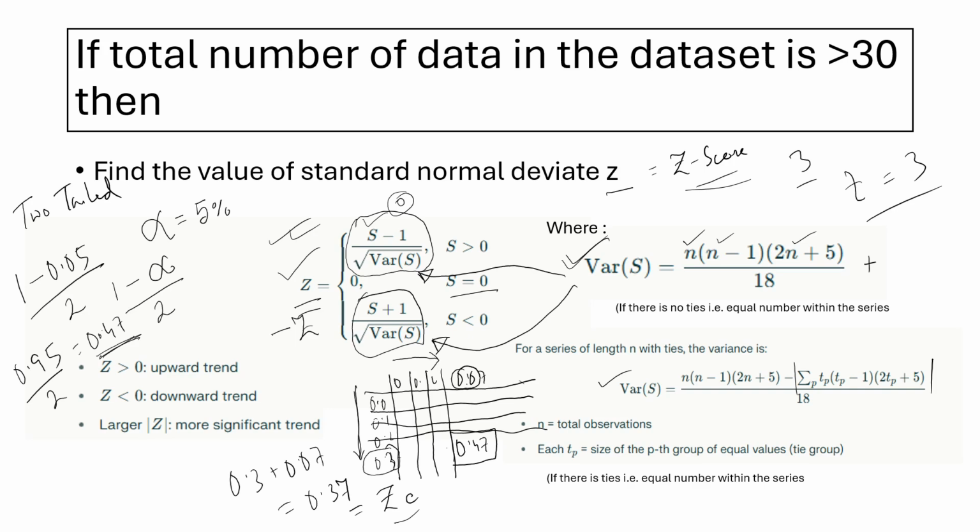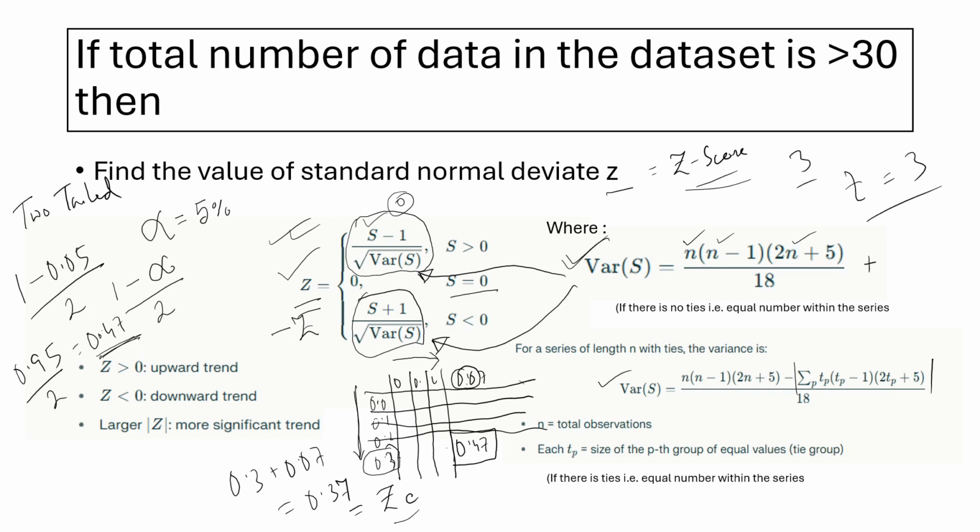If both are negative, then what will happen? Your Z must be more negative than your negative critical Z. If that is the case, then there is a trend. If that is not the case, then there is no trend.